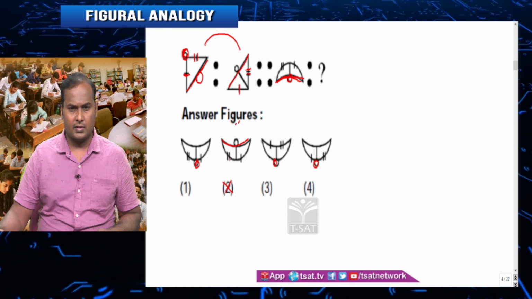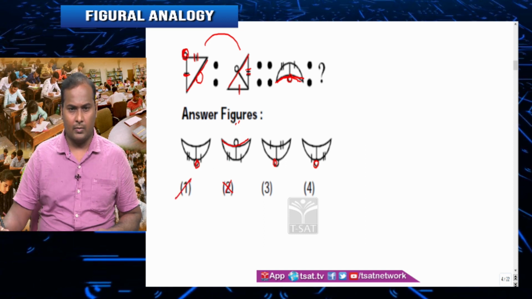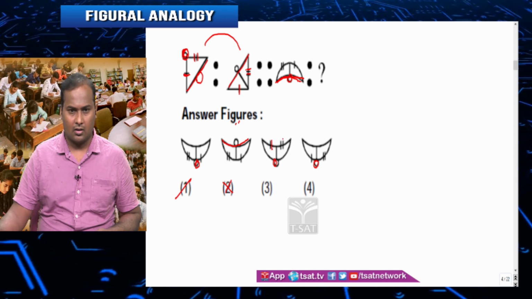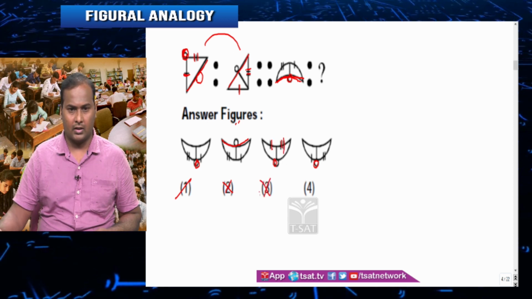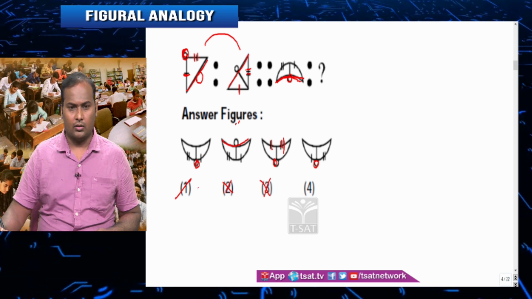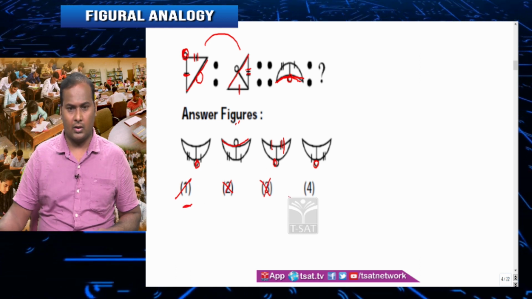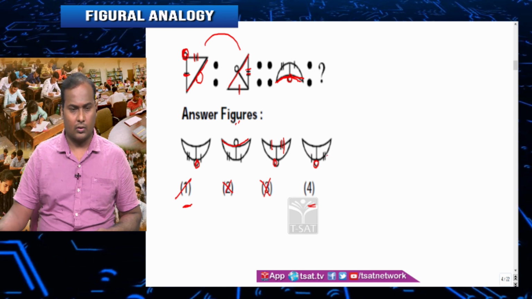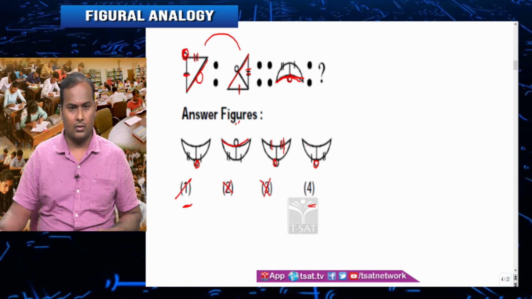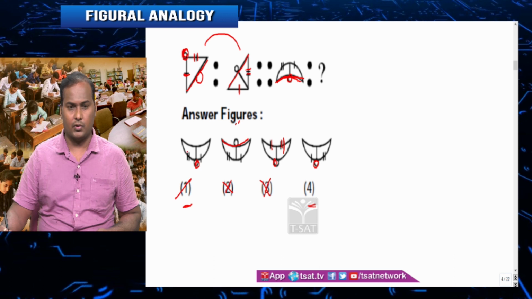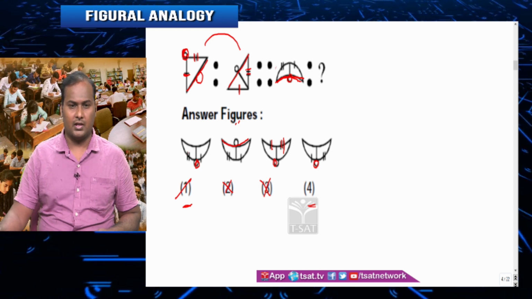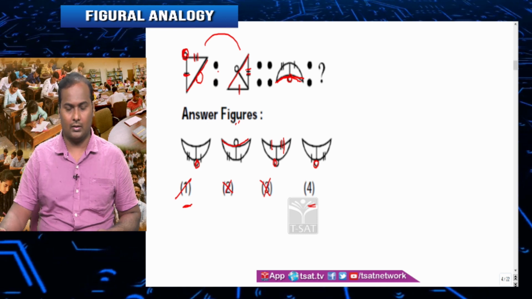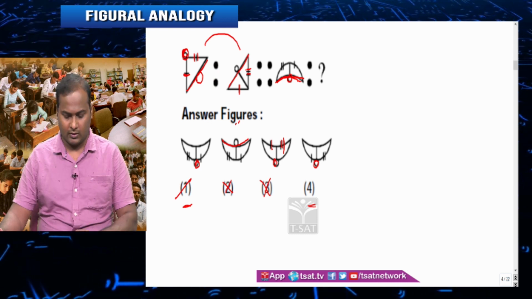The moment you see this, answer 1 will become your answer because in option 3 the lines are on the top, so you can eliminate it right away. Now the competition is between option 1 and option 4 only. In both, the difference is the position of lines, but the change in the position of lines is the same here as well. They are not interchanging, so your answer will become 1.